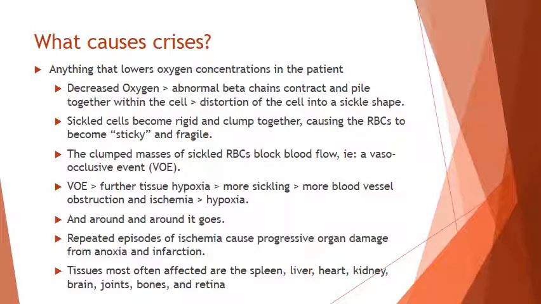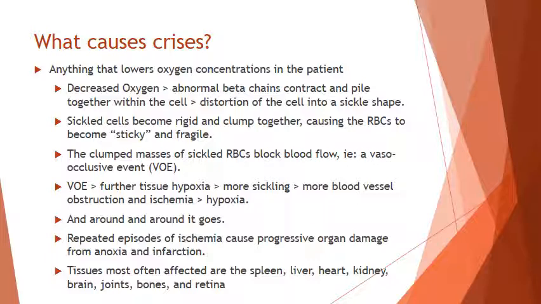These sickled cells become rigid and clump together, which causes the red blood cells to become sticky and fragile. The clumped masses of sickled red blood cells block blood flow, i.e. a vaso-occlusive event. That's what that's known as, a VOE.